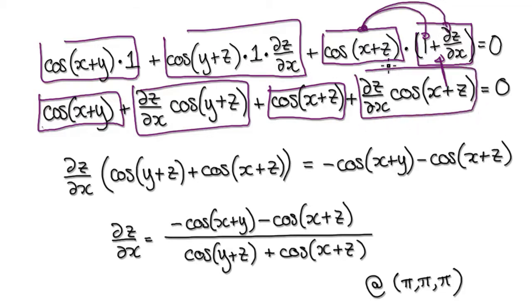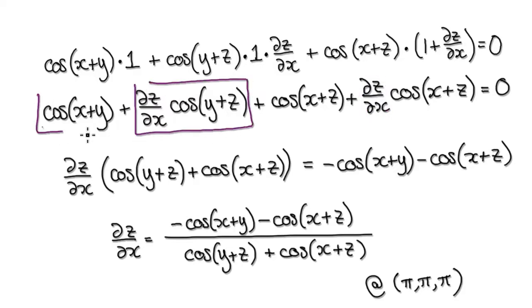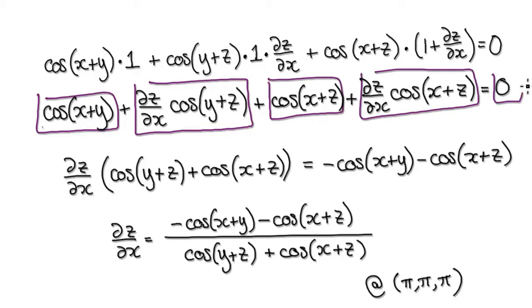And remember, we're trying to isolate partial derivative of z with respect to x. So we want all these. Well, at the moment you've got this block plus this block plus this block plus this block equals this block. You want to group all these together on one side, and throw these on the other side.